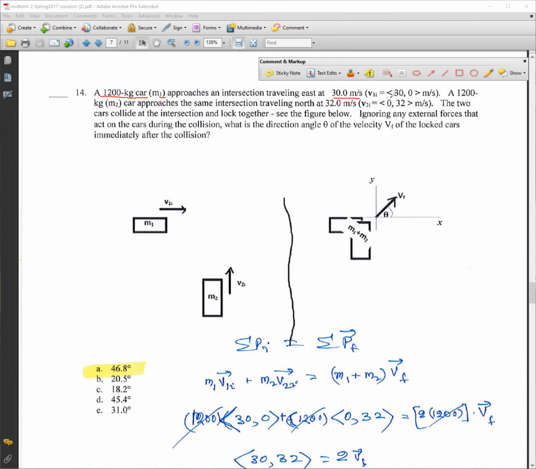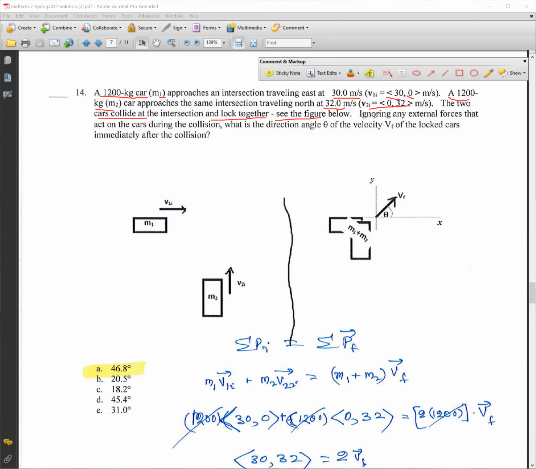These are the vector components for velocity, 30 and 0 meters per second. And then another 1200 kilogram car approaches the same intersection traveling north at 32 meters per second. So these are the vector components, 0, 32. Now the two cars collide at the intersection and lock together.